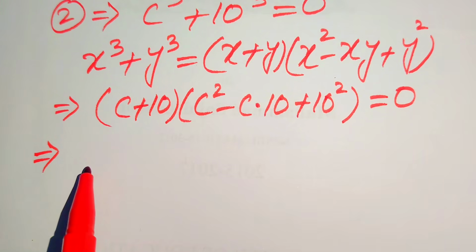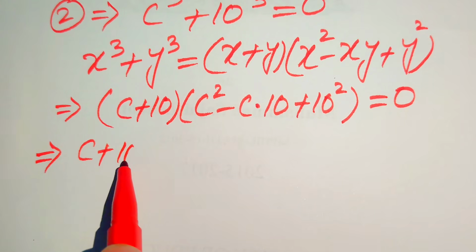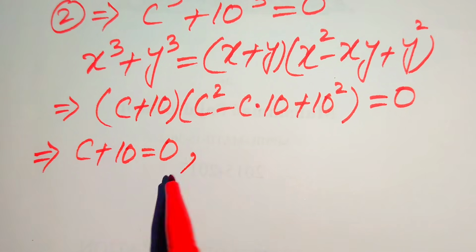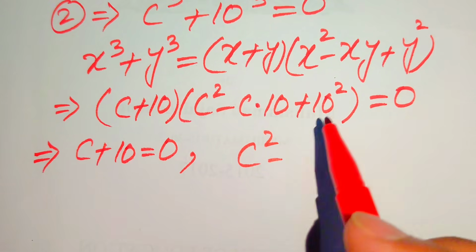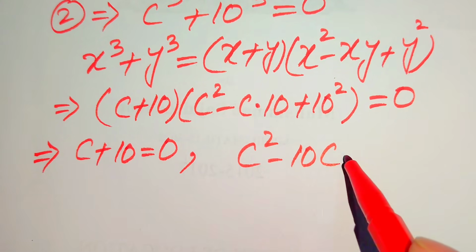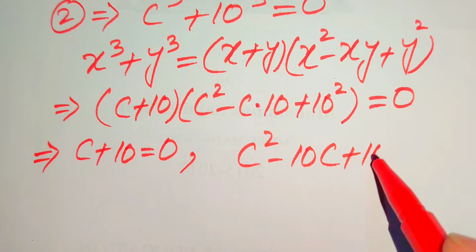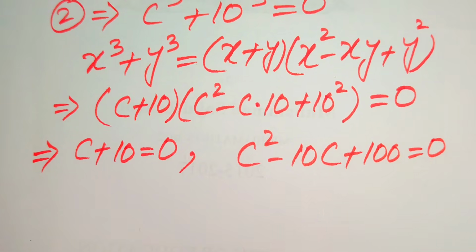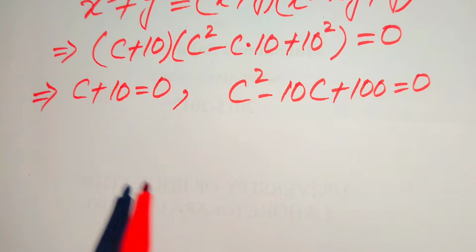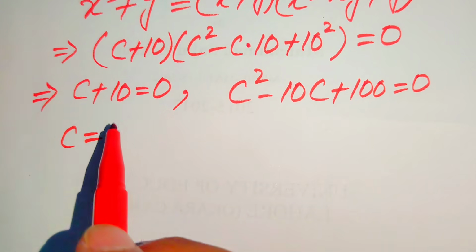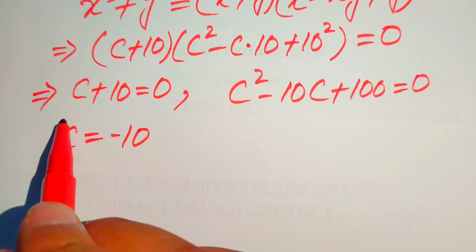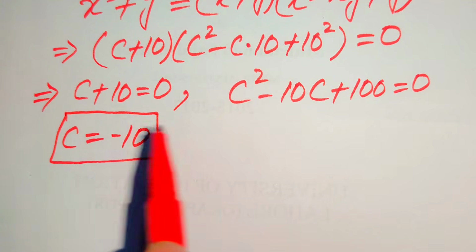And now we divide this into two cases. The first case is c plus 10 equals 0, and the second case is c squared minus 10c plus 100 equals 0. From here we move plus 10 to the right hand side and we get c equals minus 10.